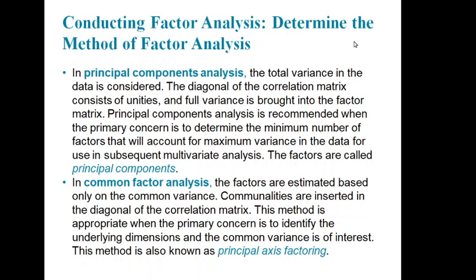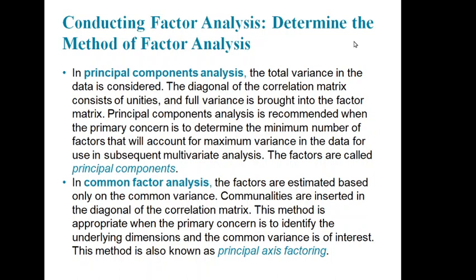So here you check the total variance using the correlation matrix, and you use this type of analysis when you want to find out the minimum number of factors that will explain the maximum variance in the data, and this can be used for further multivariate analysis. In such a situation, you go for a principal component analysis.